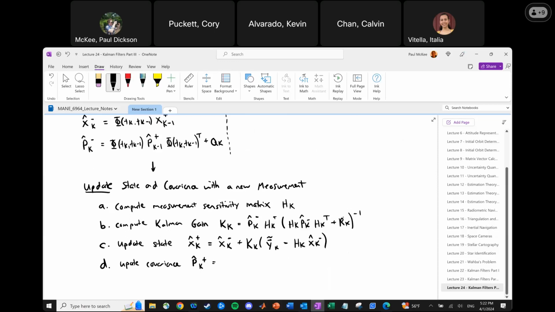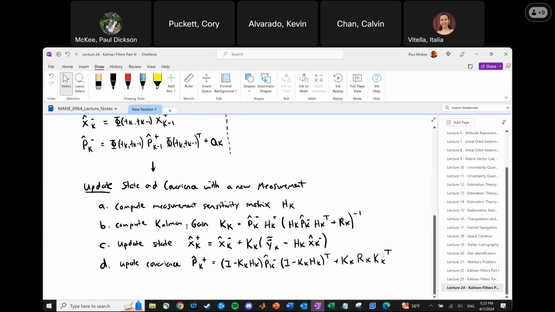Pk plus is equal to I minus Kalman gain times measurement sensitivity matrix, times Pk minus, times I minus Kalman gain times measurement sensitivity matrix, transpose, plus Kalman gain times measurement covariance matrix times Kalman gain transpose. There we go. None of these equations should be news. It's just that we're seeing them all together in the same place for the first time.